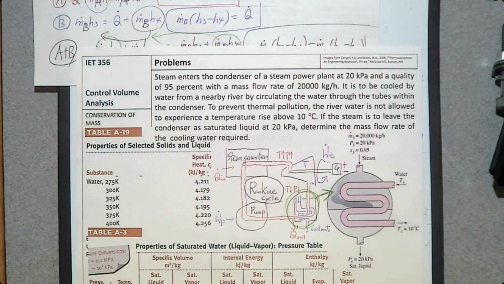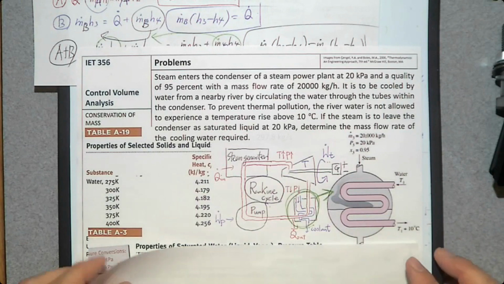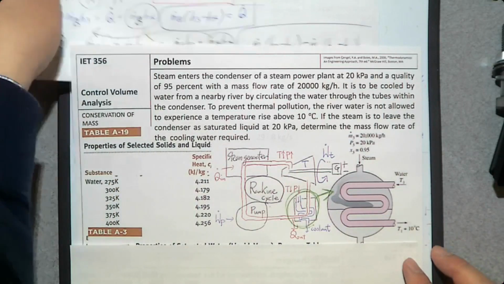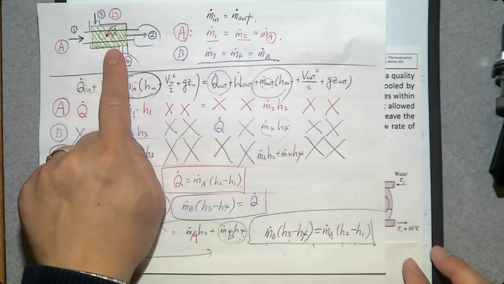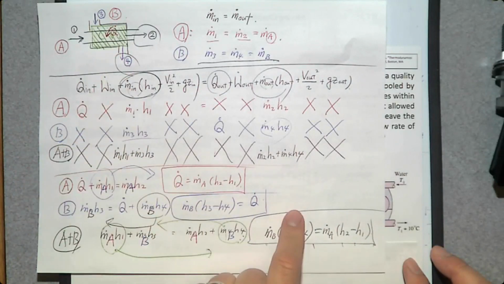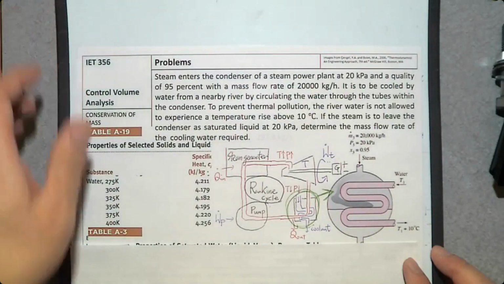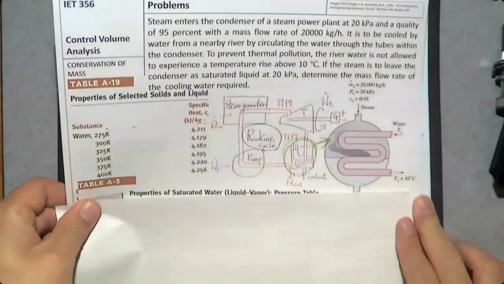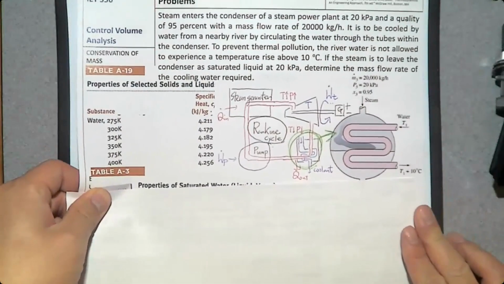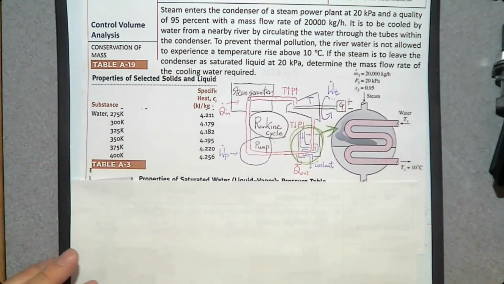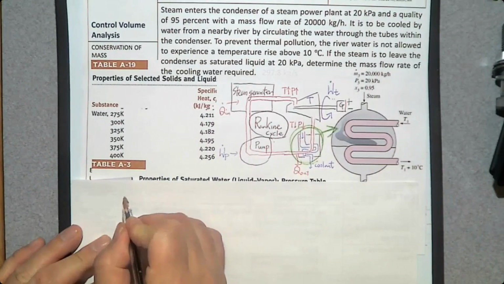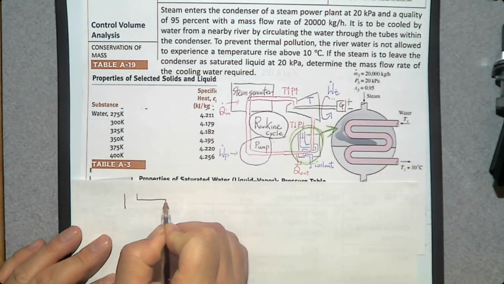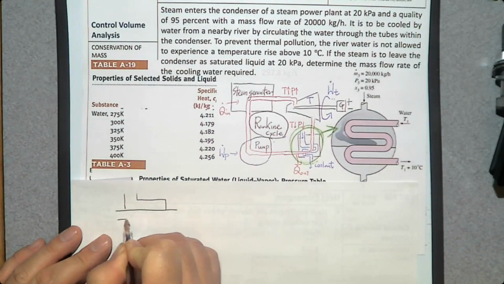Then let's analyze this condenser thermodynamically. How can we do that? We can use the same approach here, making a schematic, writing down the energy balance equation and solving it. So we have this heat exchanger, looks like this.